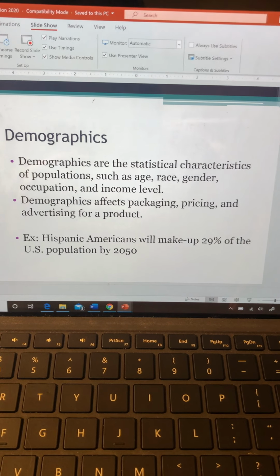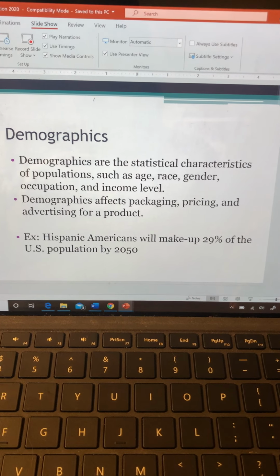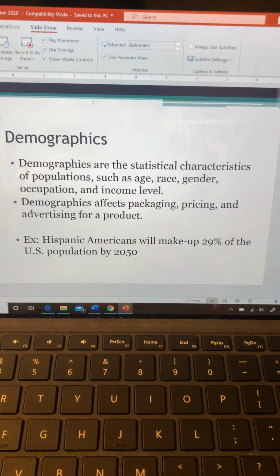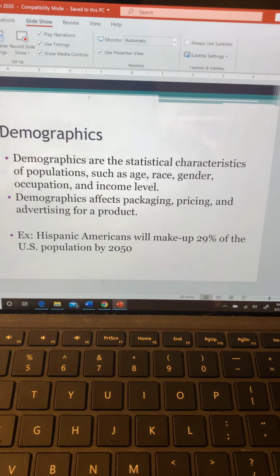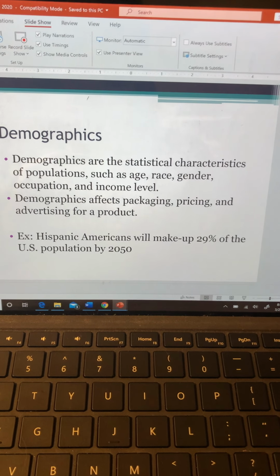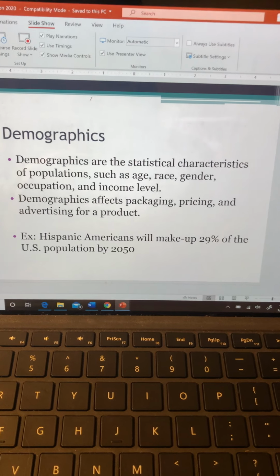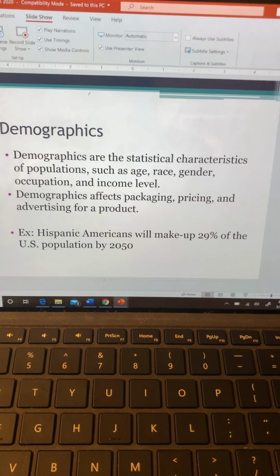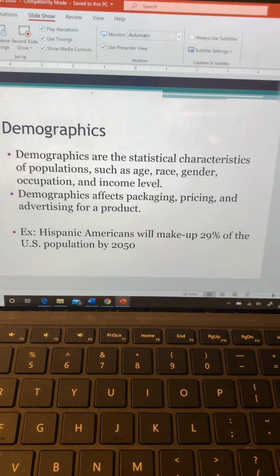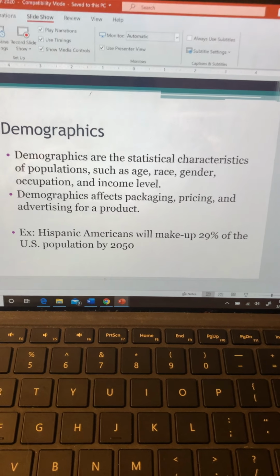And demographics. So if you've never heard of this term before, demographics are statistical characteristics of populations. So it just simply means your age, race, gender, occupation, income level. So you, as a senior in high school, your demographic is, are you all 17, 18-year-olds?